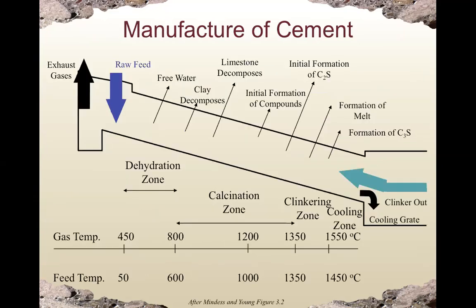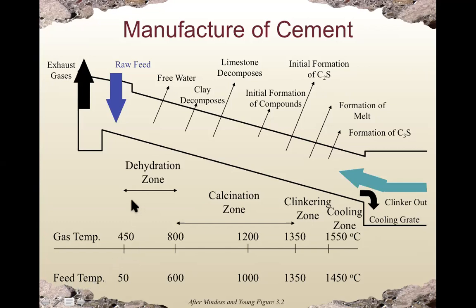So take a closer view of what happens in the kiln. The raw material is fed at the higher end. Here is the temperature of the gas, and here's the temperature of the raw materials or the feed.